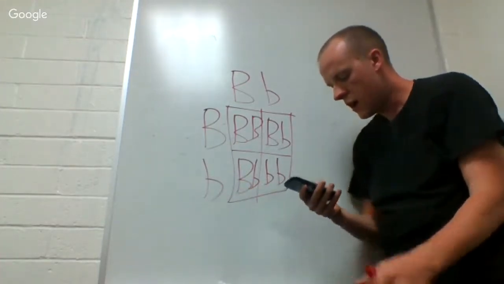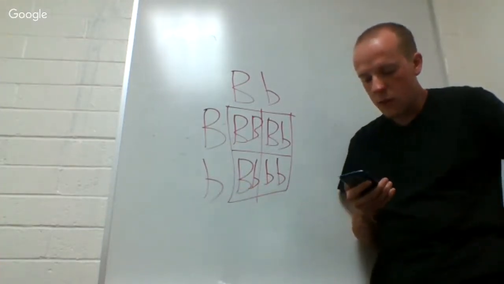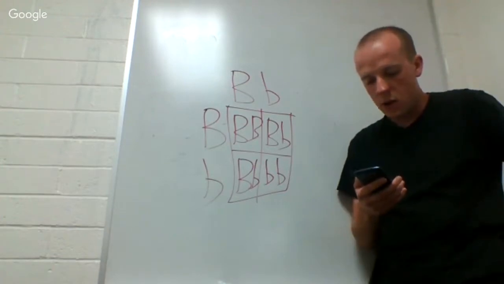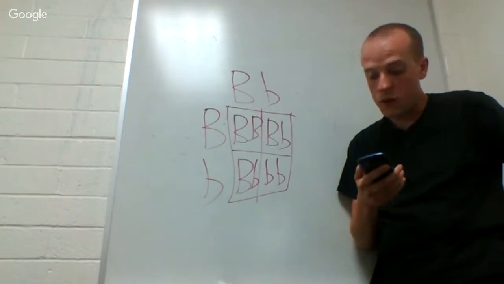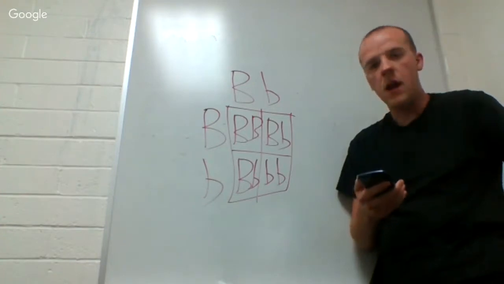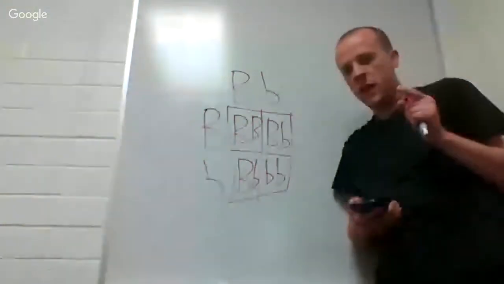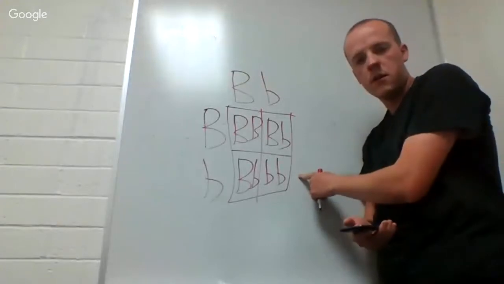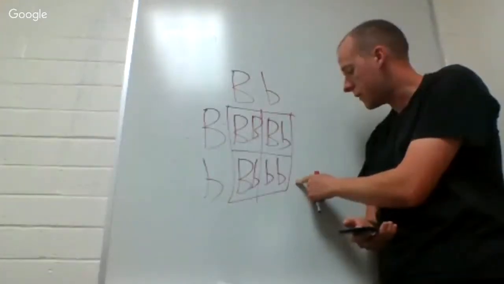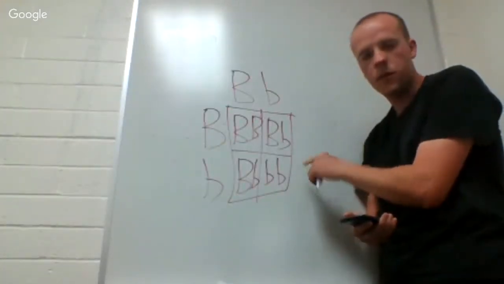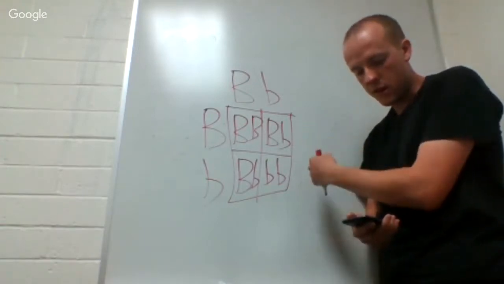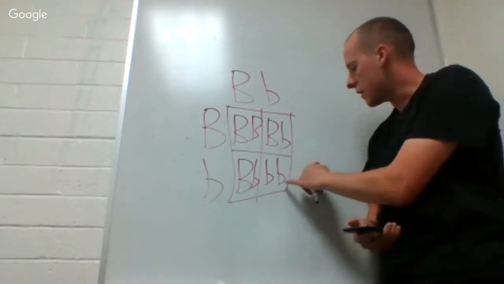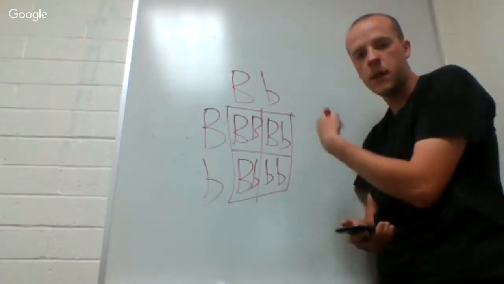And then part B, suppose that a cross produces a 1 beard to 3 no beard phenotype ratio among female offspring. What are the genotypes and phenotypes of the parents? Actually, the same cross works here, because this cross gives us a 3 to 1 ratio for males, but it would give us a 1 to 3 ratio for females.